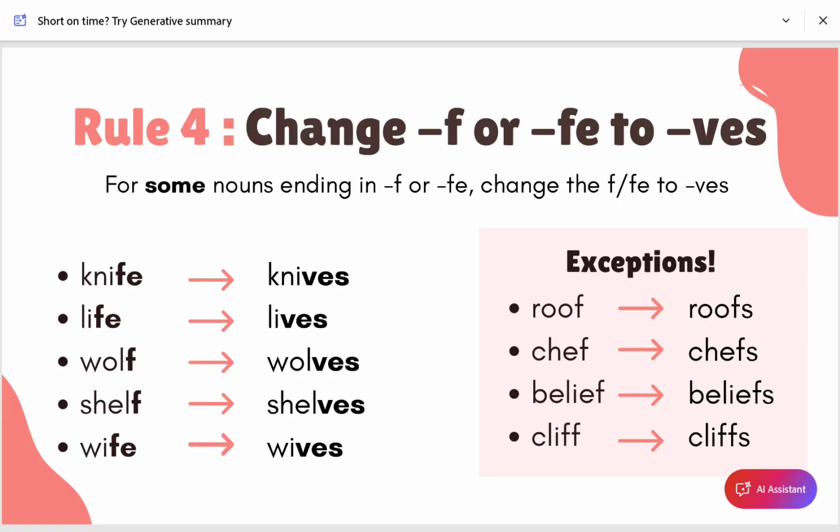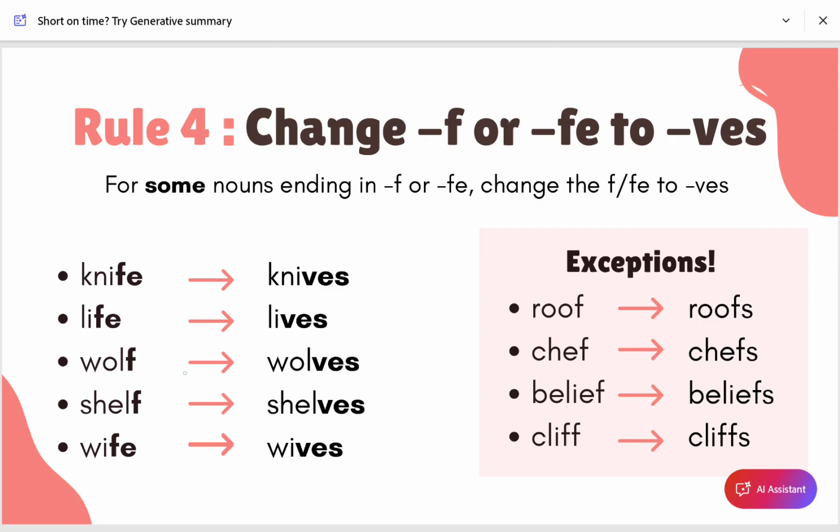So there is another rule, which is to change f or fe to ves. Some nouns end with f or fe. For example, knife becomes knives. Life becomes lives.